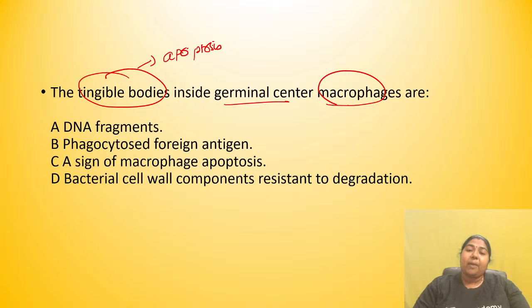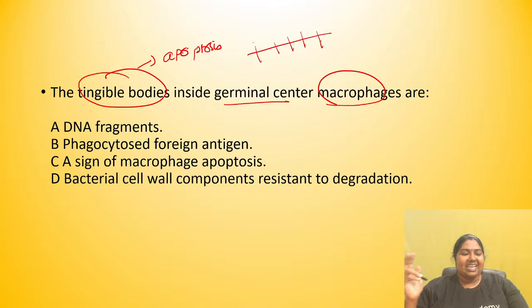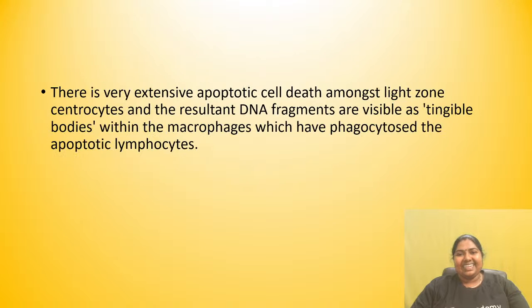When apoptosis is taking place, what will happen to the intact DNA? The intact DNA is going to be chopped and form DNA fragments. There is extensive apoptotic death, and because of that the DNA becomes fragmented.